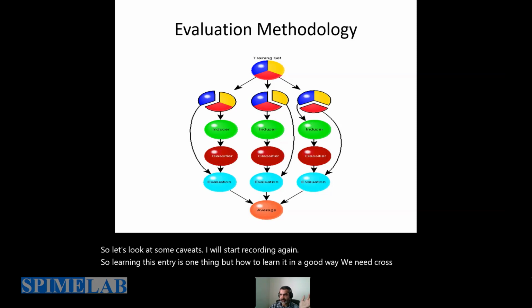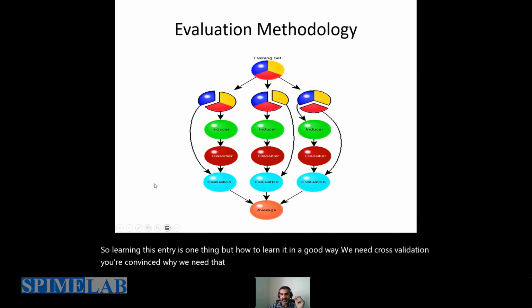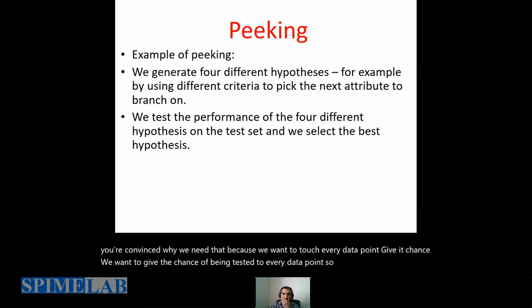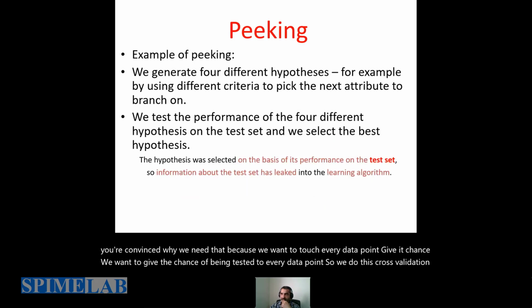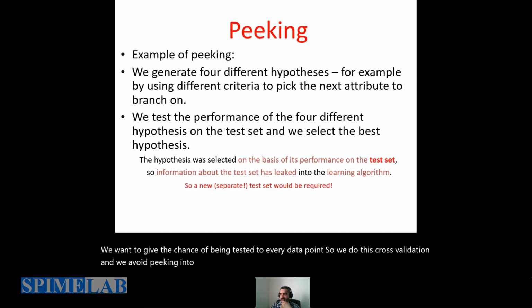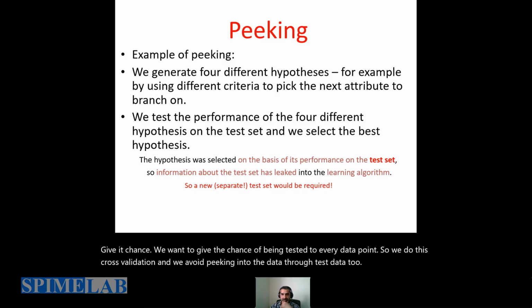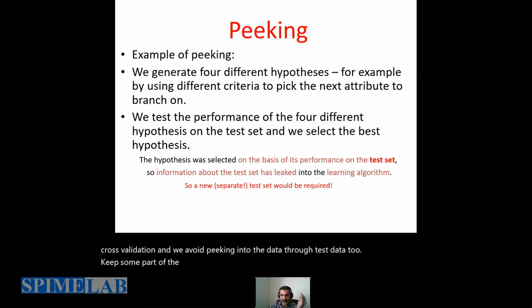You're convinced why we need that, because we want to give the chance of being tested to every data point. So we do this cross-validation, and we avoid peeking into the data through test data, keeping some part of the data as future, so we never know what is in the future.